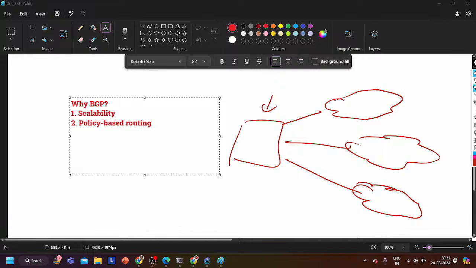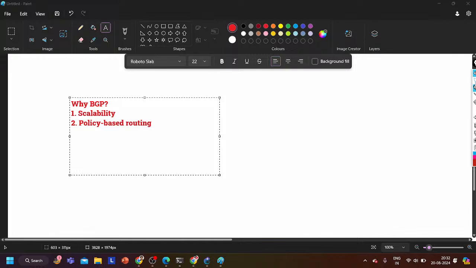So in IGP, you hardly have 3 to 4 options for policy-based routing, for path manipulation. But in BGP, you have more than 12 attributes for path manipulation. And as I told you, on the internet, see how many paths are available.